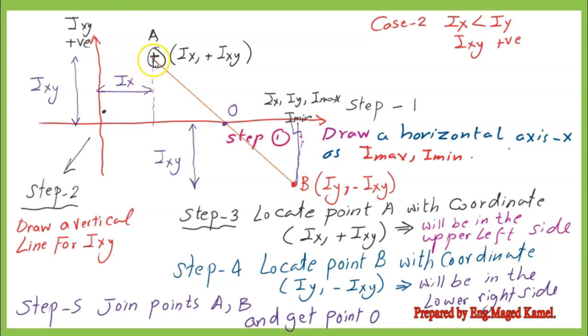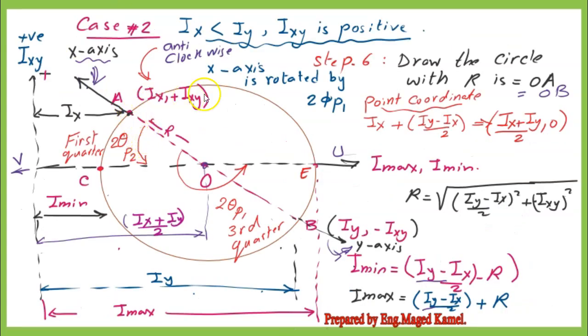Number 5, join the 2 points A and B and cut the x-axis in point O, which is the center of Mohr's circle. Number 6, draw the circle with a radius equals to OA equals OB. The coordinate of point O is Ix plus Iy over 2, 0.